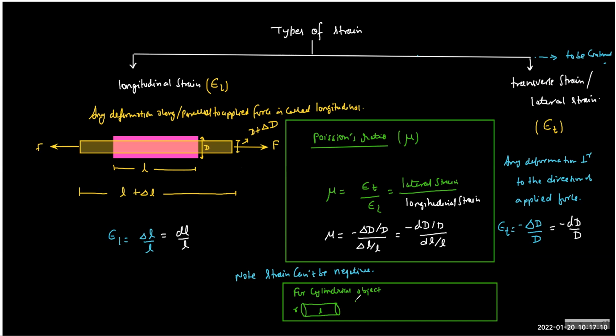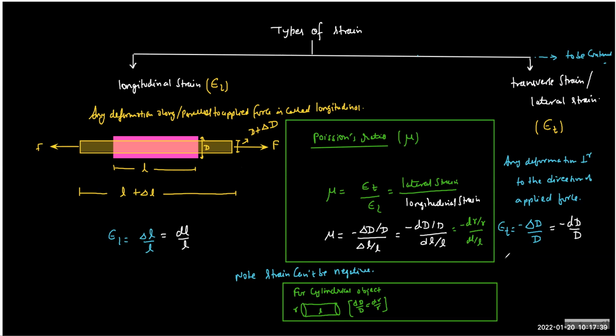So delta d by d is same as dr by r, because d is 2r, so the differentiation will be 2 dr by 2r. The 2 will cancel out. So when we take the ratio, it really doesn't matter whether we take diameter or the radius, right? So it is good to write it as minus dr by r upon dl by L.